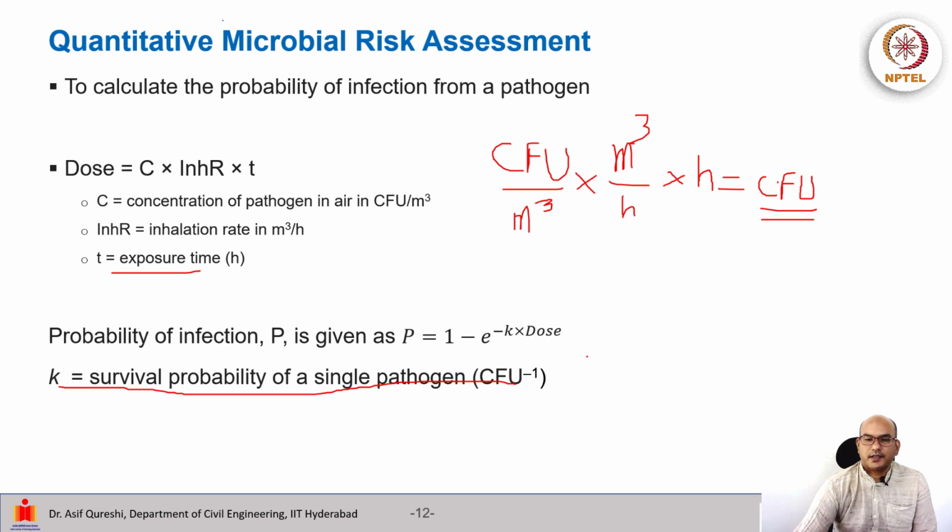So k times dose basically gives an indication of how many of these are going to survive. The infection is then a function of how many of these pathogens survive once they have been inhaled. That is the framework behind the calculation of the probability of infection, which is given by this formula.